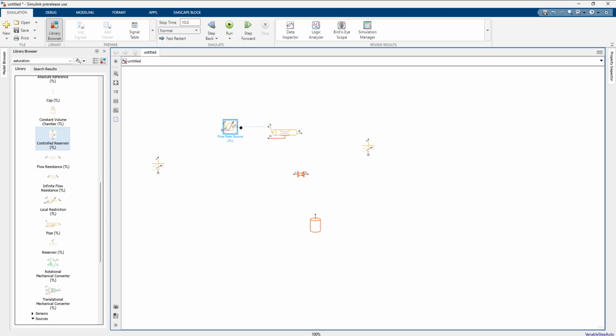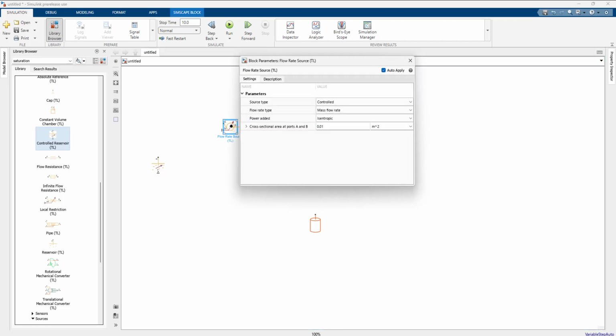Let's connect them to each other. And here we can choose that the flow rate inside the system is constant. For example, the flow rate is equal to 1 kilogram per second.